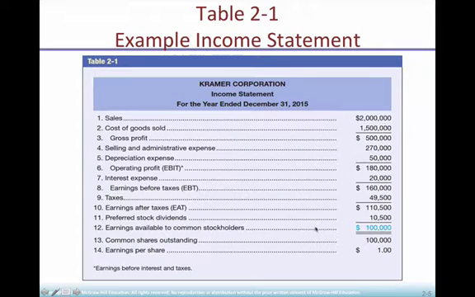Now I just go back a little bit because I just want to mention here that this 100,000, how much money common stockholders made this period, they are going to be split between dividends for them. They are going to take home as dividends some money of this, and then the rest is going to go into the so-called retained earnings. Money put back by common stockholders for the business to grow.